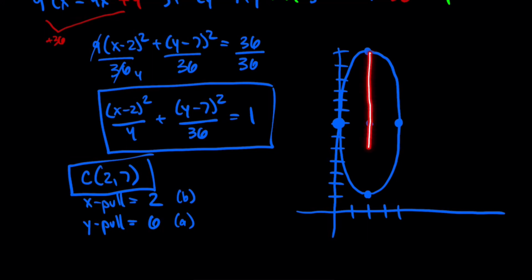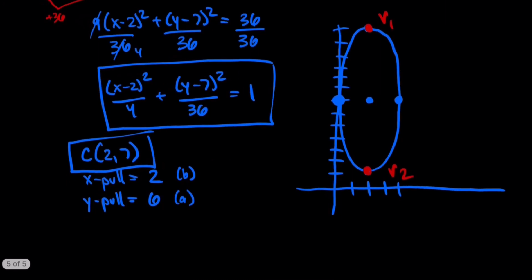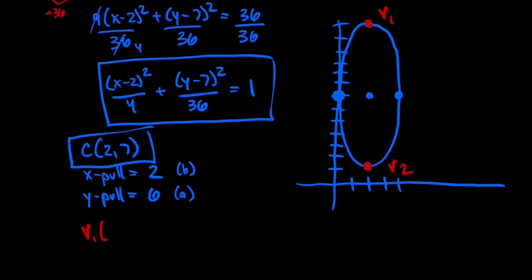So since this is the major axis, I know it contains the vertices and the foci. So there's V1, V2. Let's write those coordinates down. V1 is going to be 2, 13. V2 is going to be 2, 1.